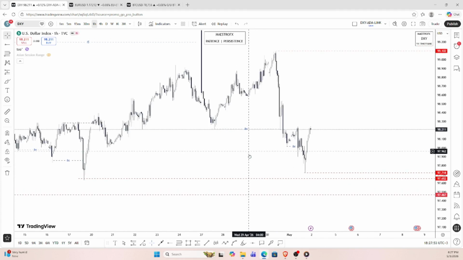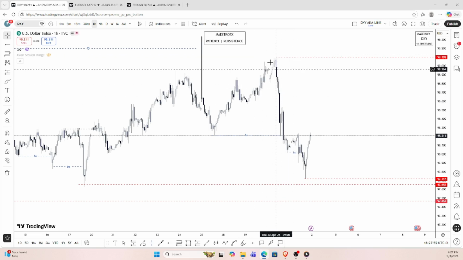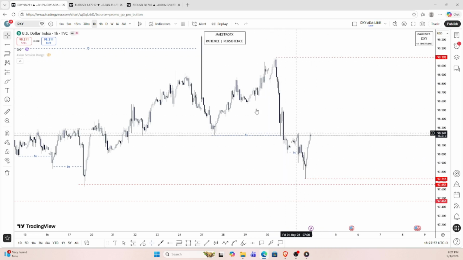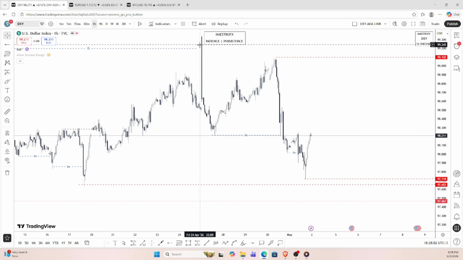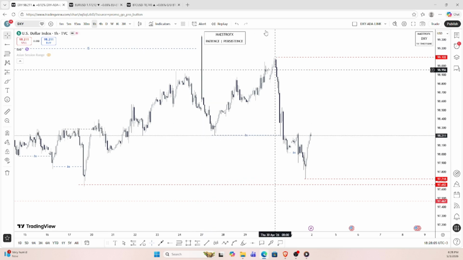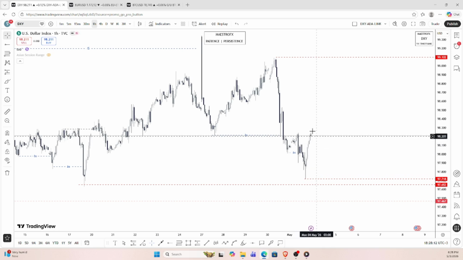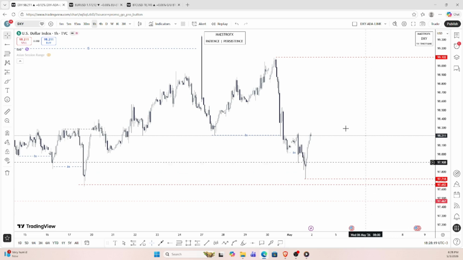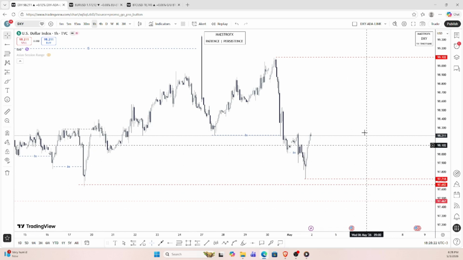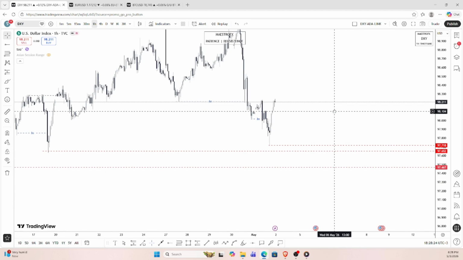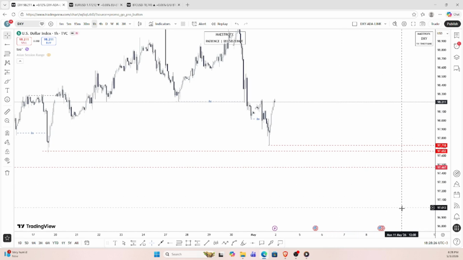Yes, as you can see, we are currently trading in this range because you can see that price took this liquidity and broke structure to the downside, retraced to the premium levels, broke structure to the downside, and again is probably in another correction phase to the premium levels before it goes to the downside.